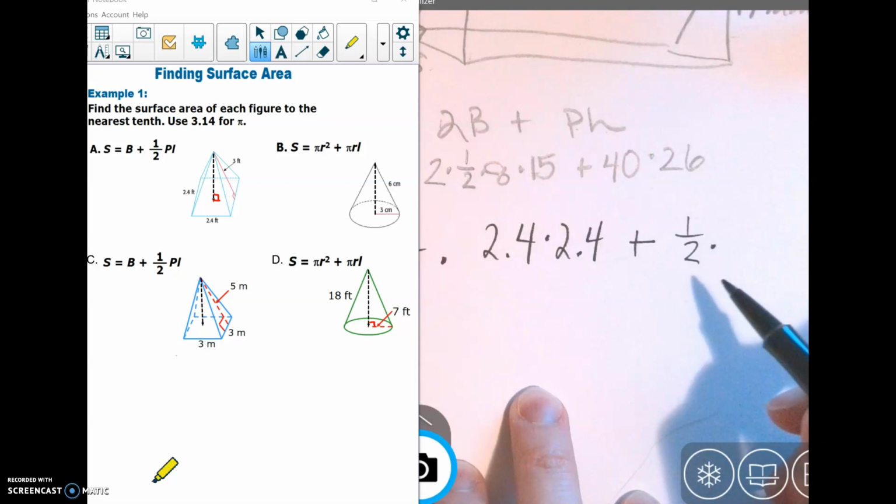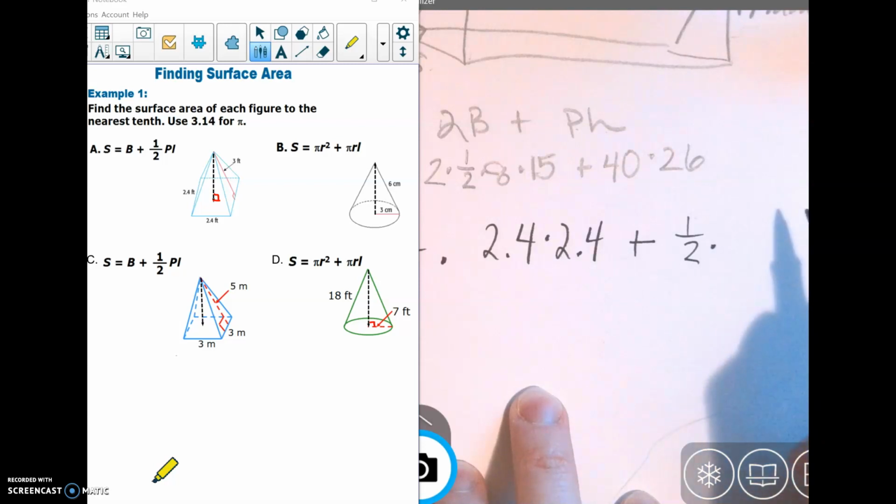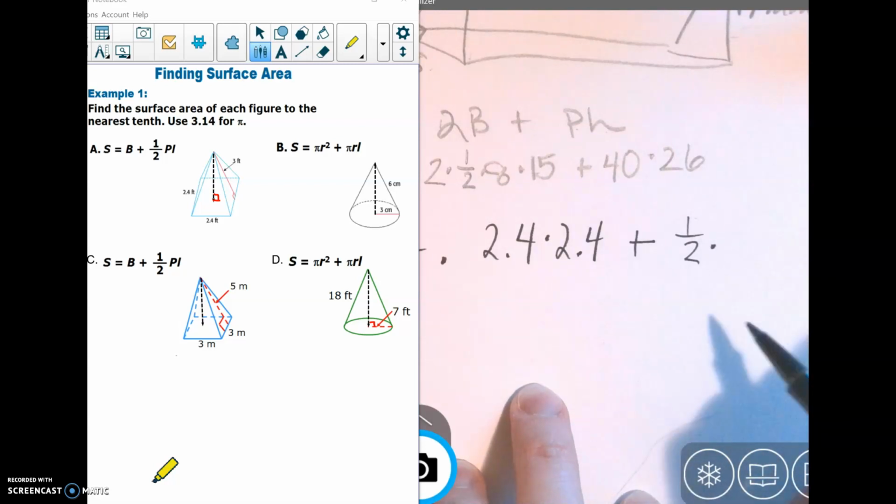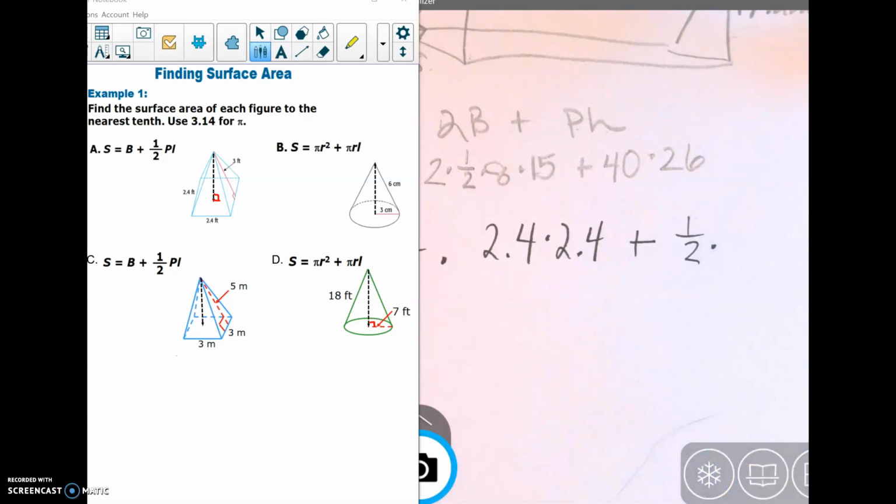So it would be 2.4 plus 2.4 plus 2.4 plus 2.4, or you could do 2.4 times 4. It's just whatever you feel like doing. So I'm just going to add them all up and get the answer that way.